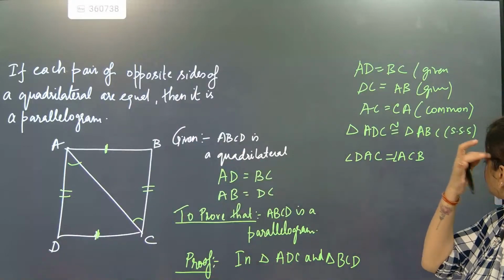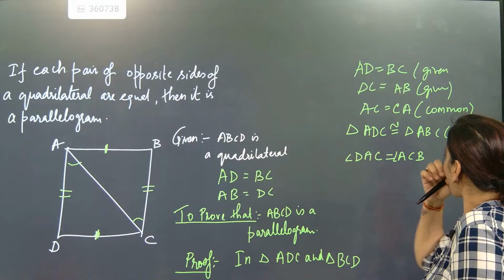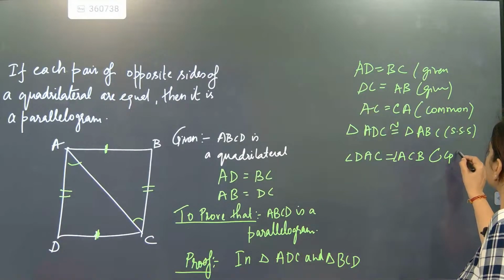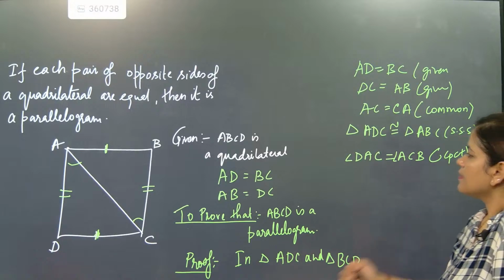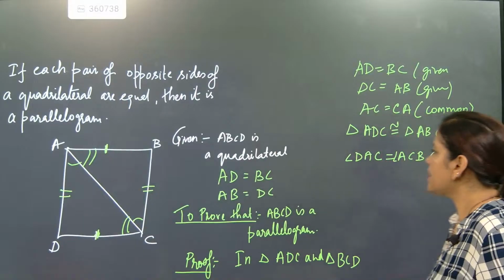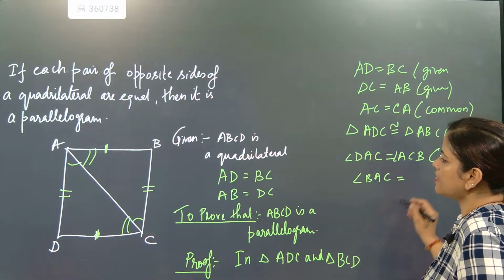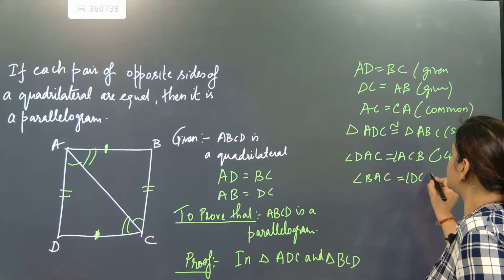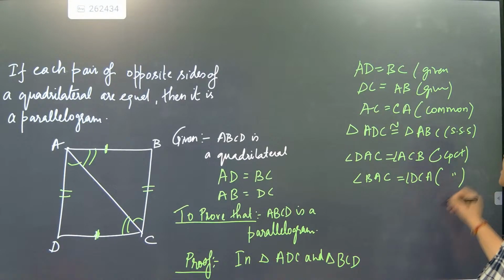Understood? By CPCT, also this angle will be equal to this angle, that is angle BAC is equal to angle DCA. Understood?